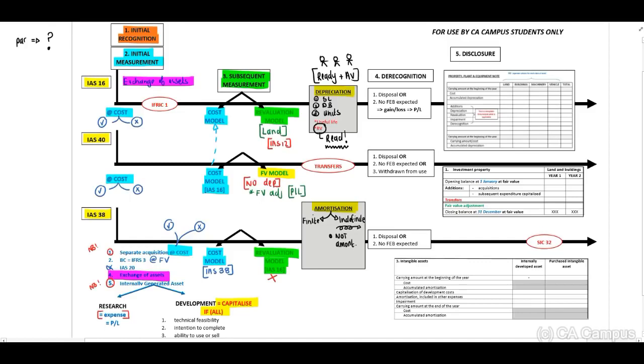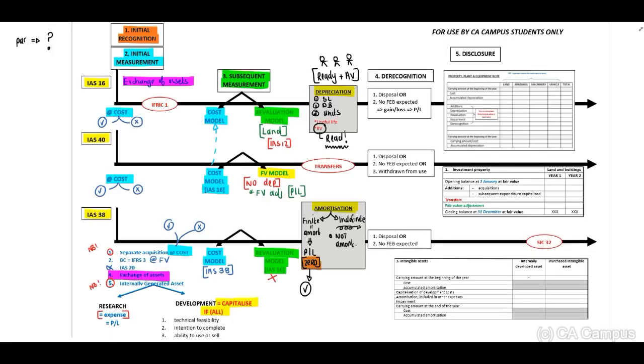Important. When we have an asset with a finite useful life, you need to amortize this asset, and the amortization shall be recognized in your profit and loss. Now guys, it is important to identify that you need to assume that the residual value will be 0 unless they indicate to you otherwise.